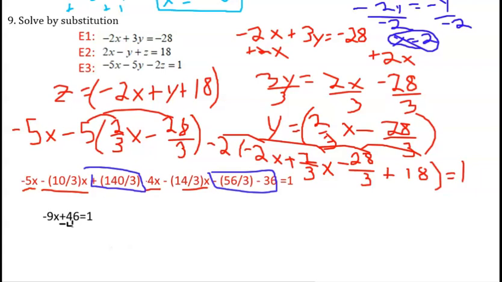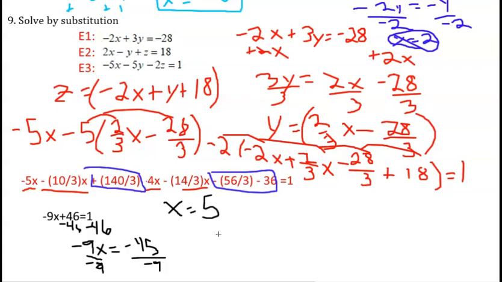Subtract 46. You get negative 9x equals negative 45. Divide each term by negative 9. And then you get x equals 5.